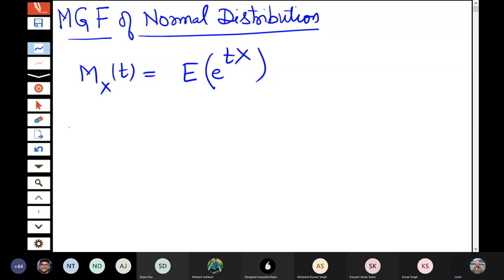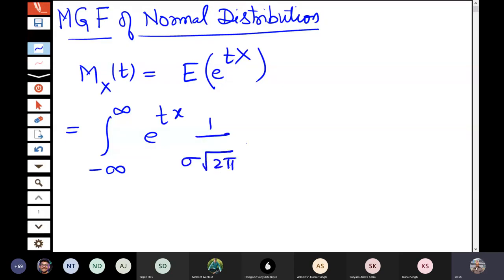So this is the integral from minus infinity to infinity of e to the power tx times 1 by sigma root 2 pi e to the power minus 1 by 2 x minus mu by sigma square dx. And you remember the transformation that I have done in the last class?